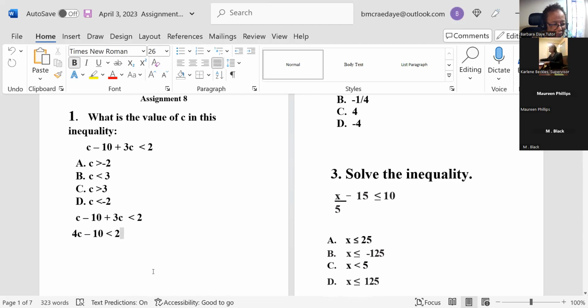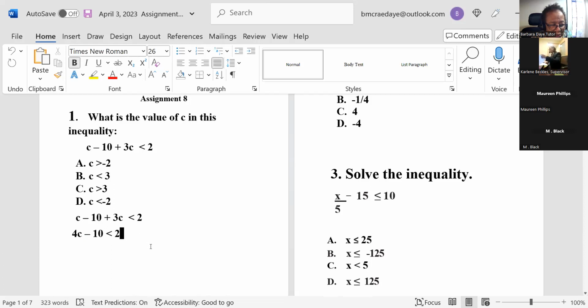If you subtract 10, you'll still have a constant on the left and a constant on the right. So that does not do it, right? So what do you do, Maureen? You want to get the minus 10 on the side with the 2.